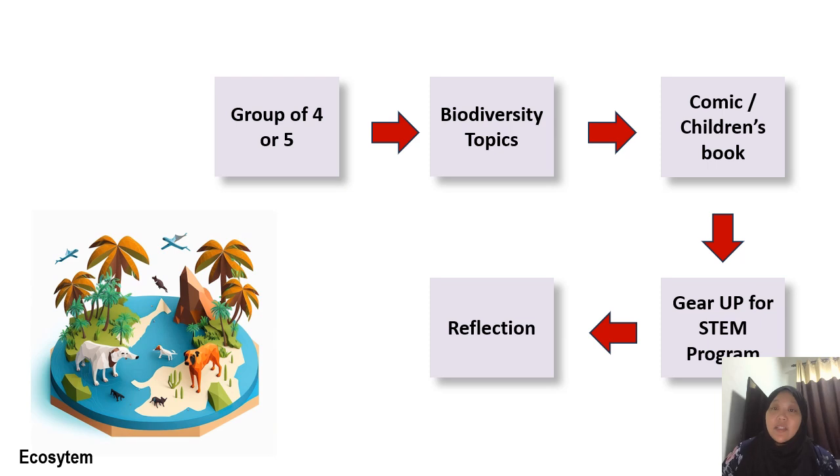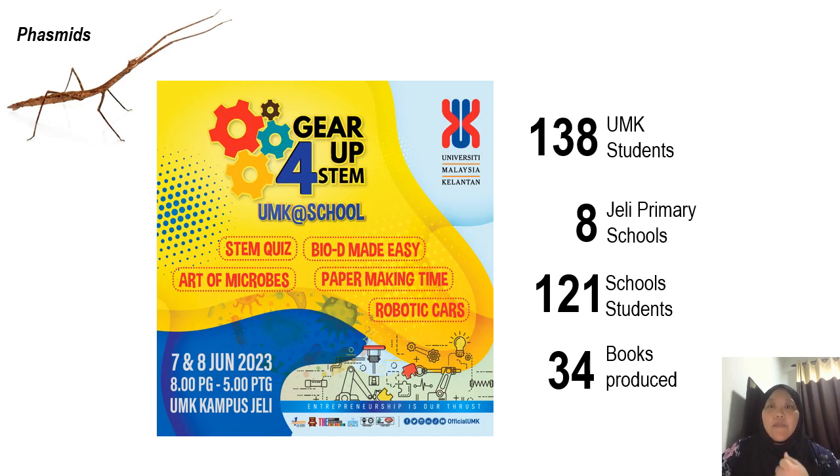They had a biodiversity topic that they had to transfer, creating a comic or children's book. This was presented in a Gear Up for STEM program. After that, I collected some reflections to understand what they had gone through, like how they felt after that. It involved 138 students.